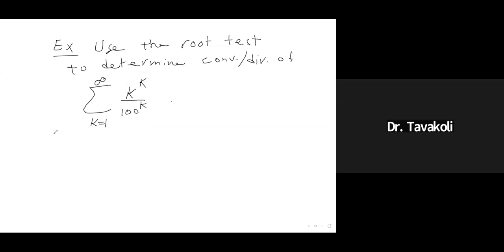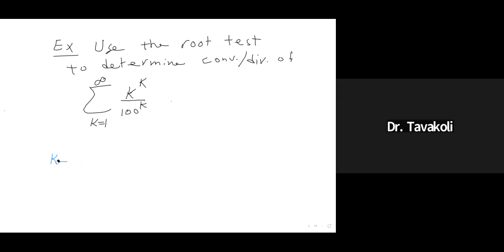As usual, I suggest that you try this on your own before watching my solution. So the limit is what? As you know, we call this limit rho for the root test.